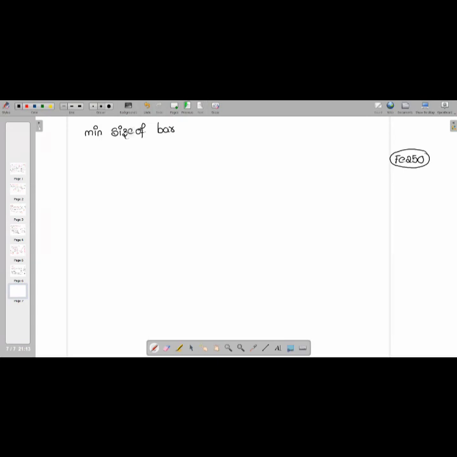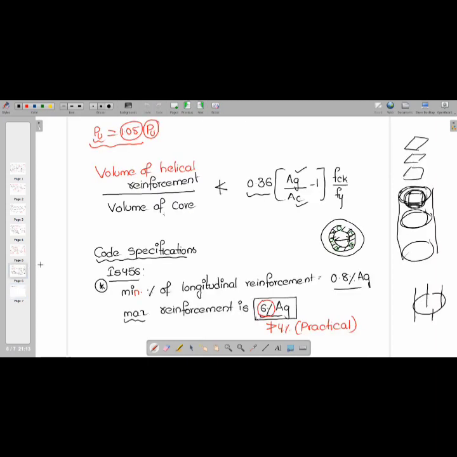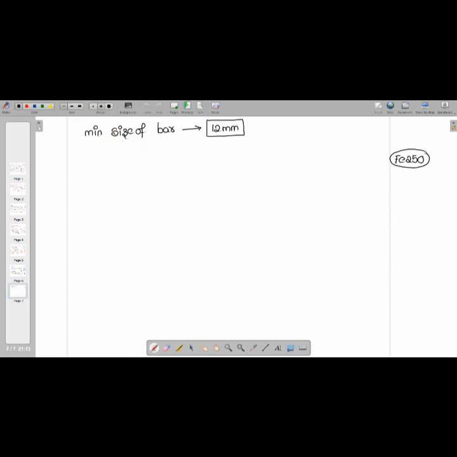Heavier ones use high yield strength deformed bars. The minimum size of bar in the longitudinal section in a column is 12 mm. So please remember, the minimum percentage of tension reinforcement is 0.8, the maximum is 4%, 6% of gross area, and the minimum size of longitudinal bar is 12 mm.